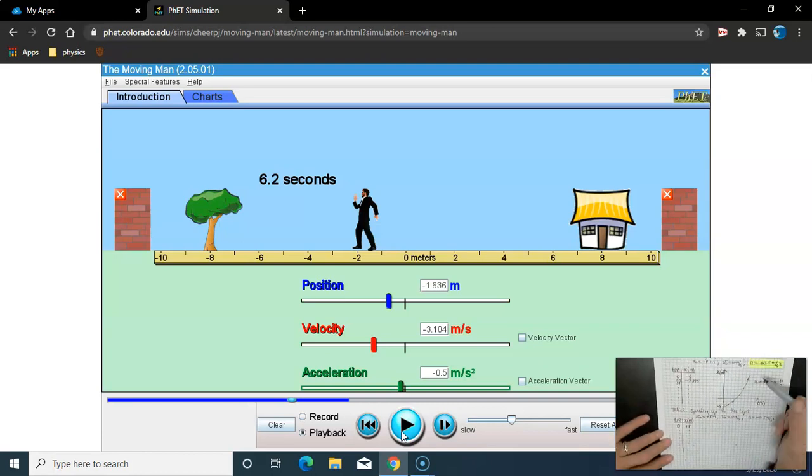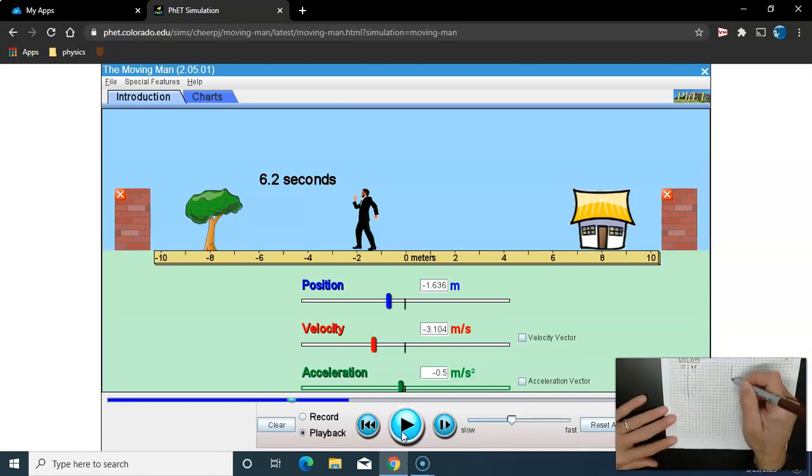Position versus time is a quadratic function, and you do the same thing over here. This one you do on your own in Sheets. That's the second video. I will show you how. The guy is over here at the house, and you're going to see how this graph looks. And obviously it's going to be quadratic.